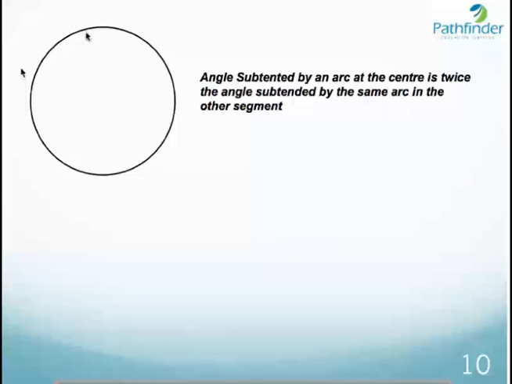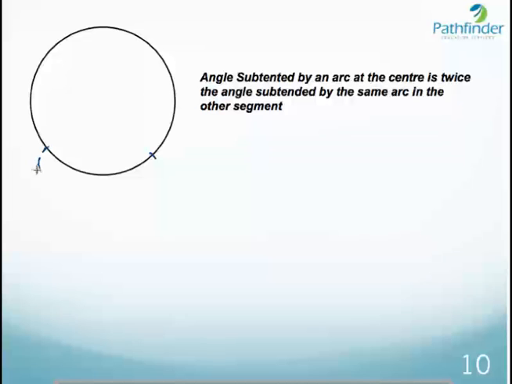Next, we have the property angle subtended by an arc at the center is twice the angle subtended by the same arc in the other segment. Now, for those of you who do not understand the term arc, let me show you here.